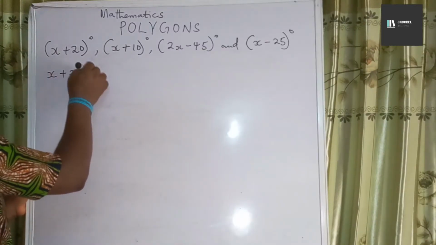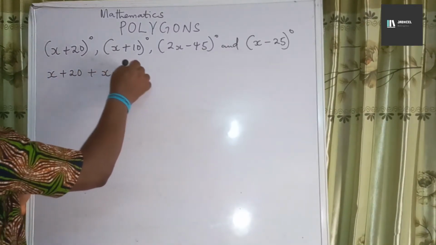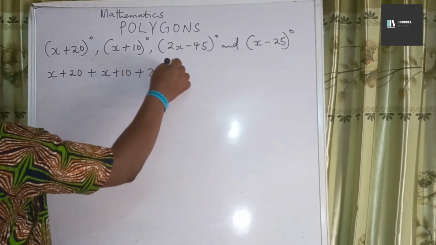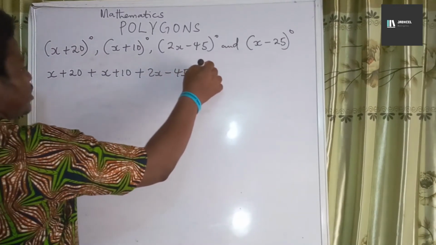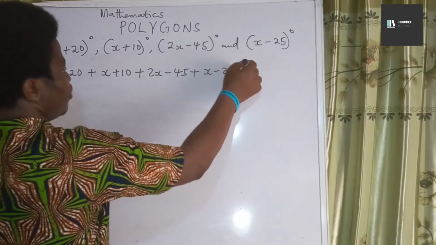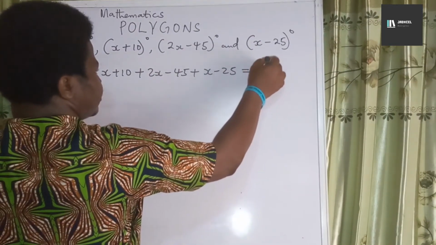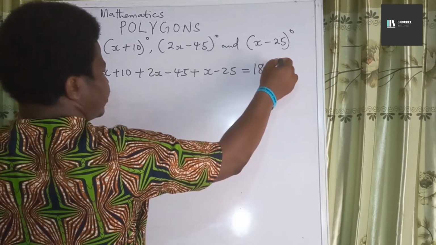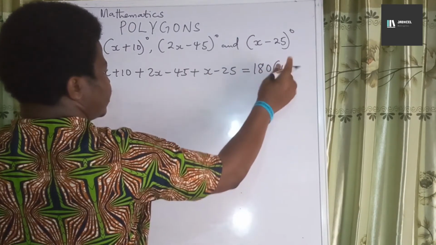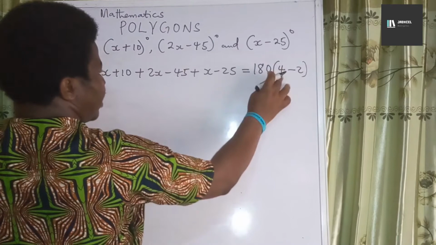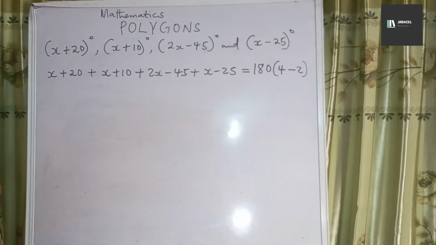So let us add them together: x plus 20 plus x plus 10 plus 2x minus 45 plus x minus 25 equals 360 degrees. How did I arrive at that 360 degrees? You know that the sum of interior angles of a polygon is 180(n minus 2). Our n in this case is 4.